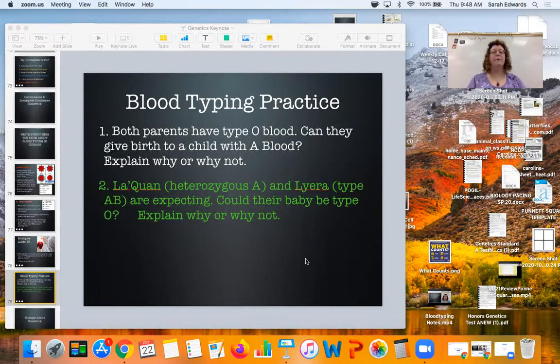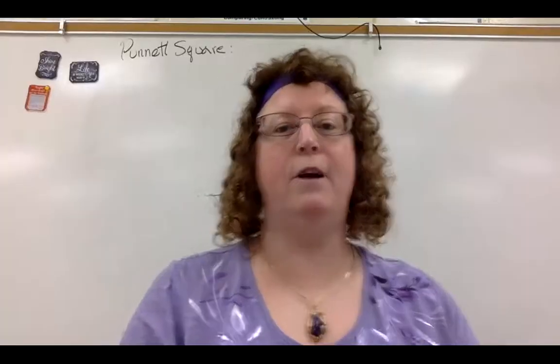Laquan is heterozygote A, and Lyra is AB. This is a former student and his girlfriend. They were pregnant while he was in my class, so we did the blood type since they both knew what their blood types were. So we did a class Punnett square. So let's figure it out.